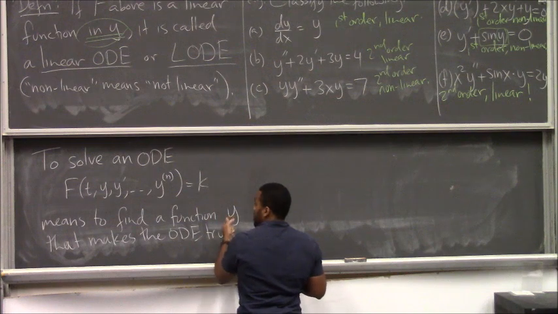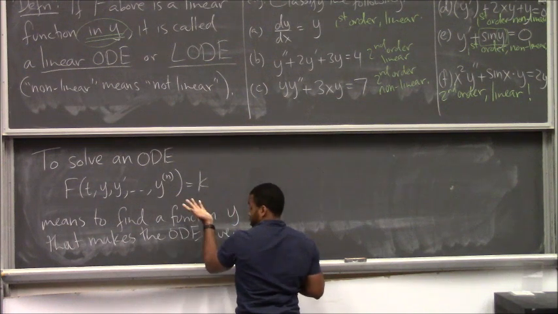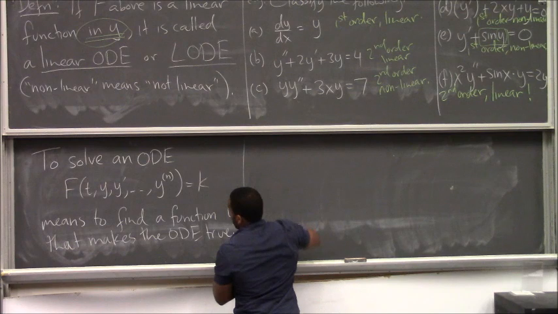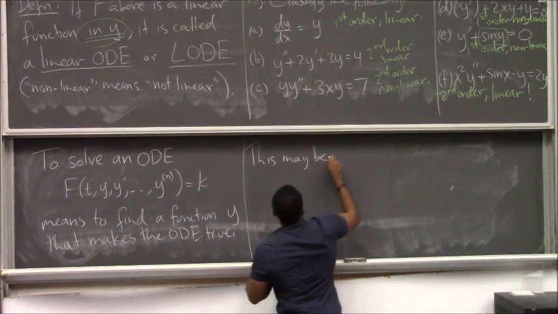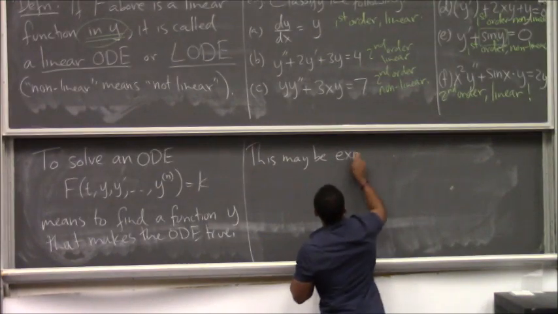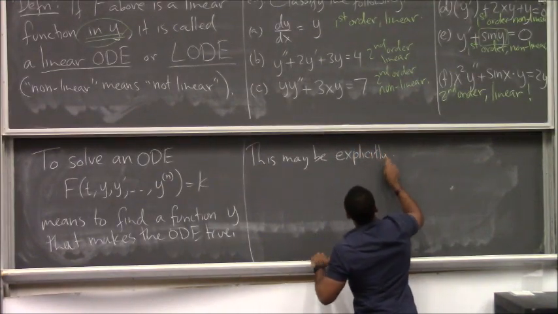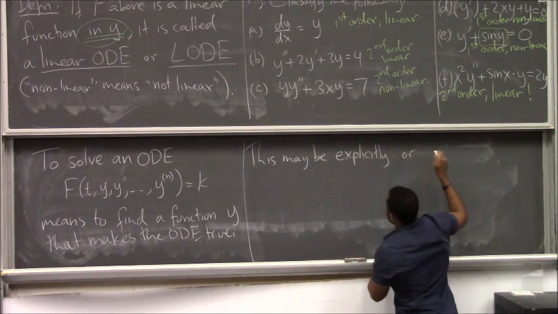What you need to find is a function y that makes this, whatever it is, a true statement. And this may be explicitly or implicitly.